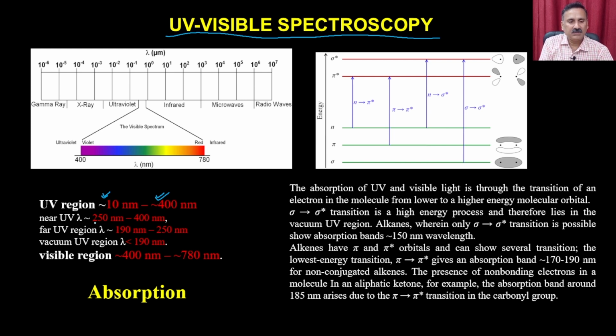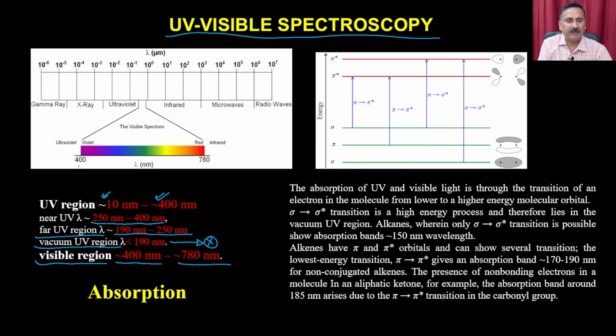The near UV range is from 250 to 400 nanometer, whereas the far UV range is from 190 to 250 nanometer. You also have the vacuum UV range, which is less than 190 nanometer, and that is useless for any kind of molecular interaction studies. Then we also have the visible range, from 400 to 780 nanometers.